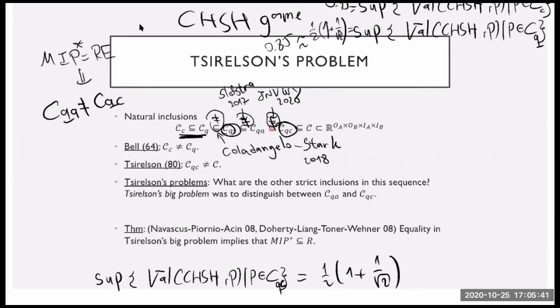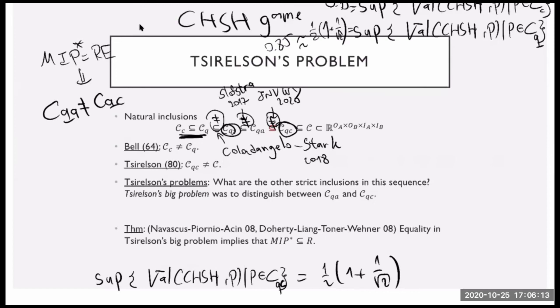But the fact that you cannot approximate every quantum commuting correlation using quantum spatial correlations, which is the new result, is a strong refutation of Tsirelson's problem. You should think of it that you actually can separate them, not only the fact that there is an accumulation point that is outside of CQS. There are points that are far away from CQS that live inside CQC.